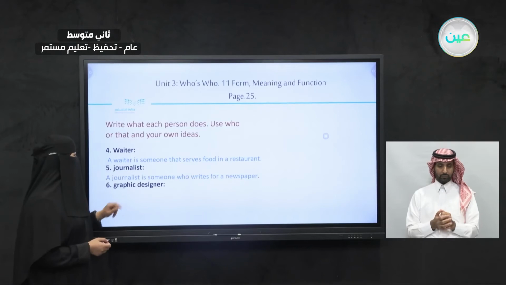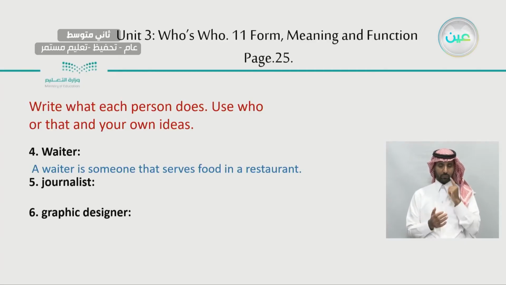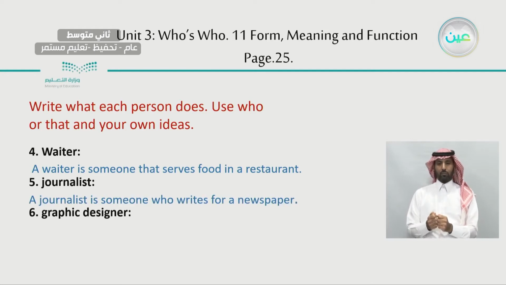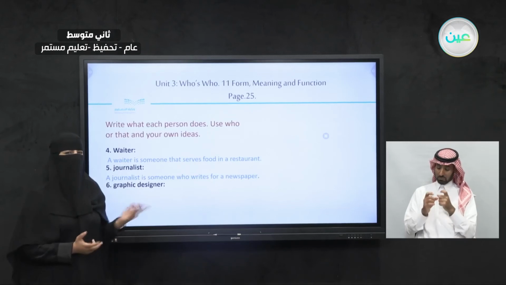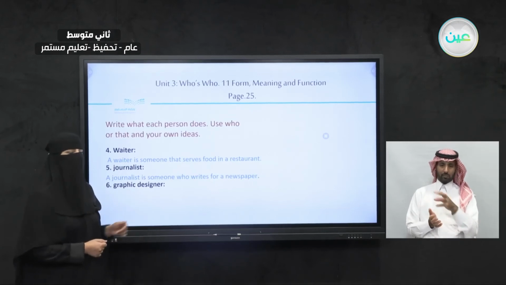Now, let's take a look at the next one. Journalist. A journalist is someone who writes for a newspaper. We use the word who. Now, how about graphic designer? So what can we use for graphic designer?